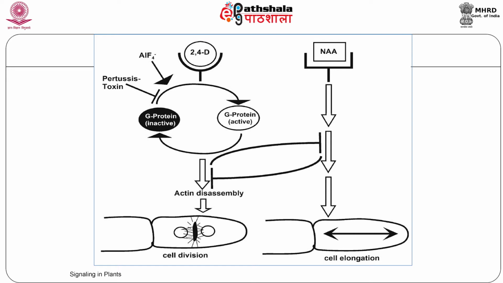In contrast, 2,4-D and the polar transport inhibitor NPA inhibited cell division and at the same time eliminated actin filaments.